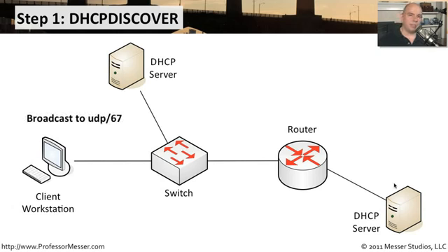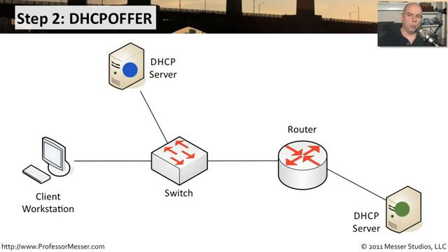The first thing that happens when a device starts up is it sends a broadcast out to UDP port 67, and it's of course a broadcast, so it's going out to everything on the network. So as that packet goes out, it's going to be seen by every device on the network. That discover process is seen by the DHCP servers, which then go to step 2 and send back a response, or a DHCP offer, to that broadcast.